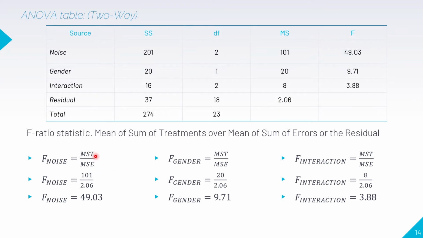So for noise, 101 divided by 2.06, we have 49.03 as our F ratio. In gender, we have MST over MSE, 20 divided by 2.06, we have 9.71. In our interaction, same, 8 divided by 2.06, and we have 3.88.